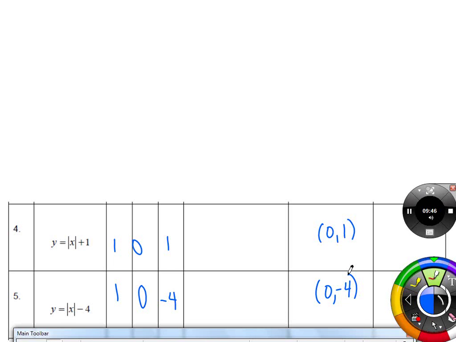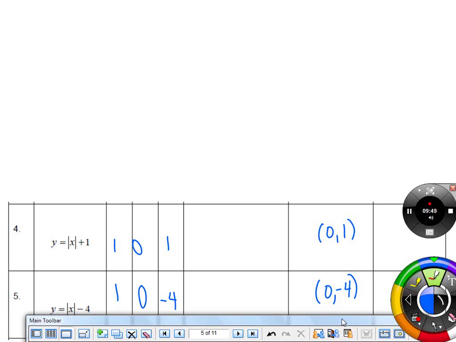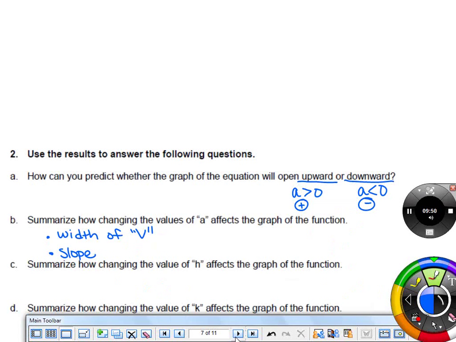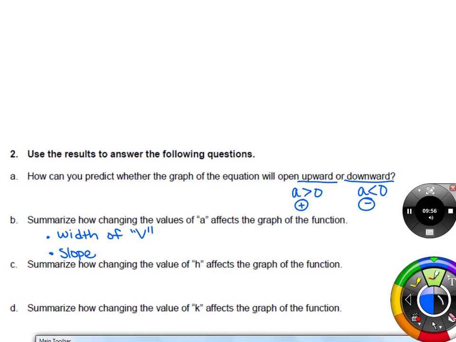So on that back page, after we talk about A, it talks about H and about K. We were just looking at K values. So how would you guys summarize to somebody what changing a k value does to your graph? What did it just control? What did you guys say happened?